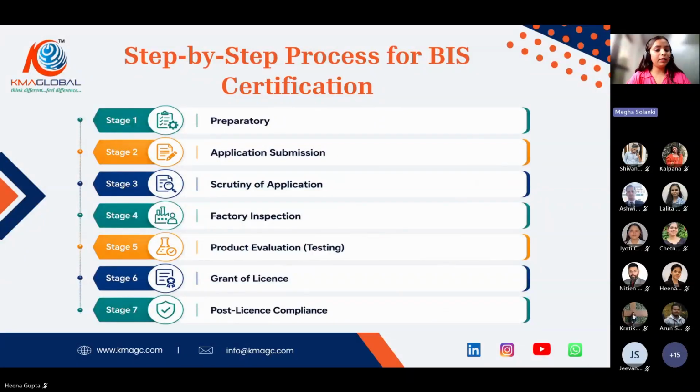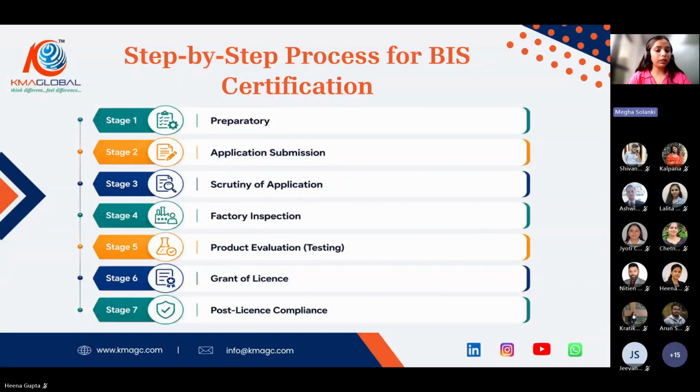Stage 2, application submission. Once everything is ready, they register themselves on the Manak online portal, file the application, upload the relevant documents prepared during the preparatory stage and deposit the application fee, that is INR 1000.